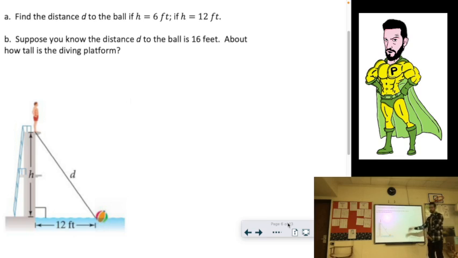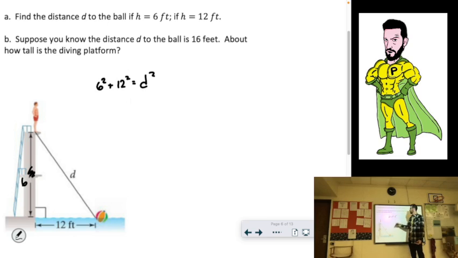So we're looking for the hypotenuse, but we're going to try two things. We're going to see what the hypotenuse would be if we were 6 feet up, and what the hypotenuse would be if we were 12 feet up. So if it was 6, instead of h there, we could say 6 squared plus 12 squared equals d squared. 6 squared, 6 times 6, 36. 12 times 12, 144.